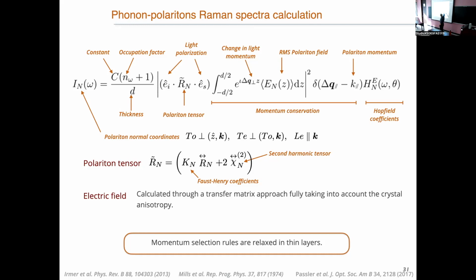That is, the oscillation of the polariton field overlapping with the oscillating term involving the change in light momentum will not go towards a Dirac delta. If we had a very thick layer, this would extrapolate to a Dirac delta, and we would have perfect momentum conservation in all three dimensions. But by thinning down the sample, we have something that is different than zero. Again, this is a kind of nonlinear effect occurring in materials.